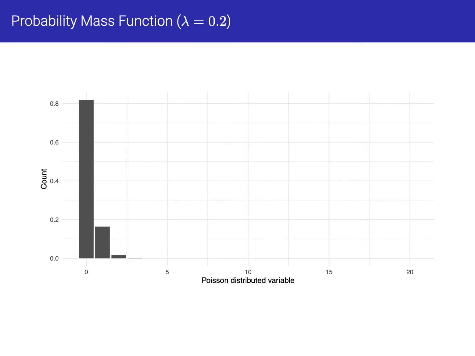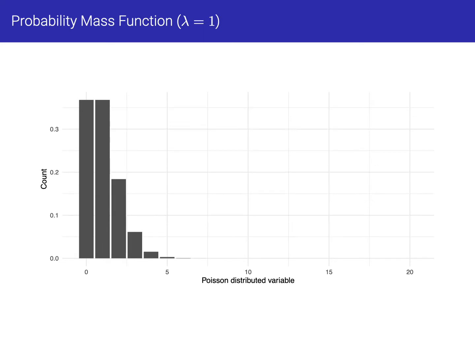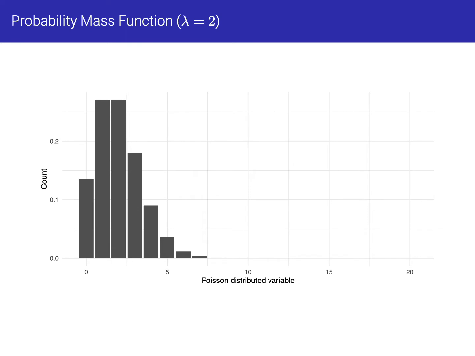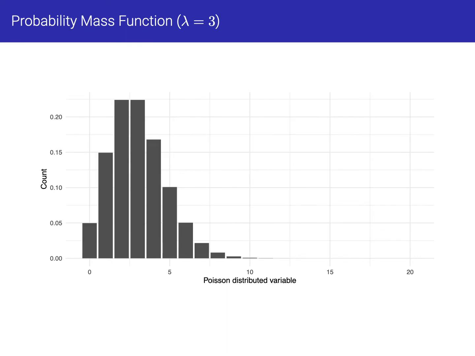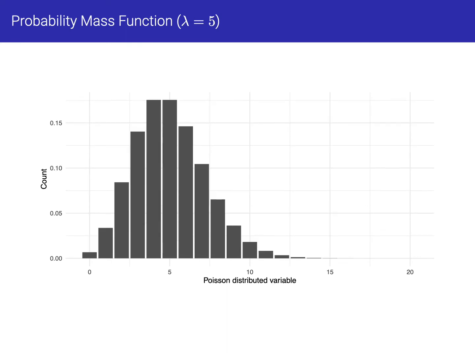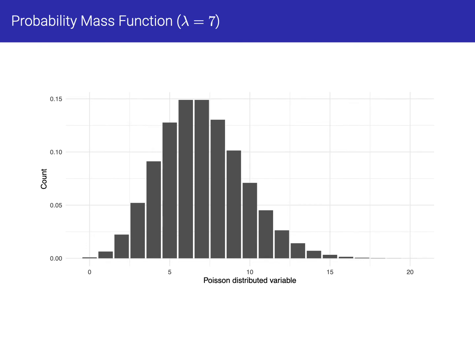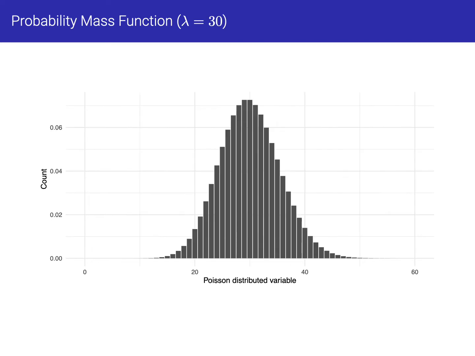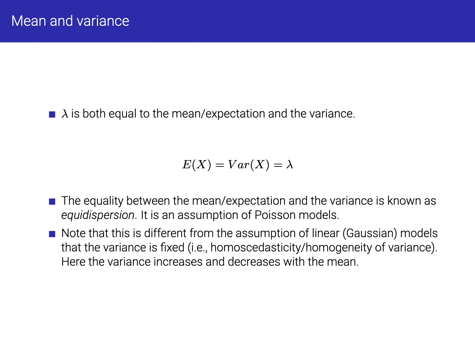So a rate of 0.2, a rate of 1, 2, 3, 5, 7, and you probably see already something going on here: as I increase the rate, the distribution looks more and more like a normal distribution. And that's something we're going to talk about also.